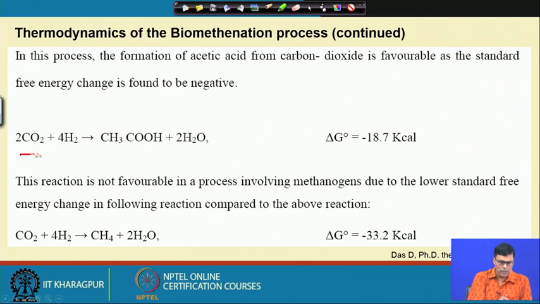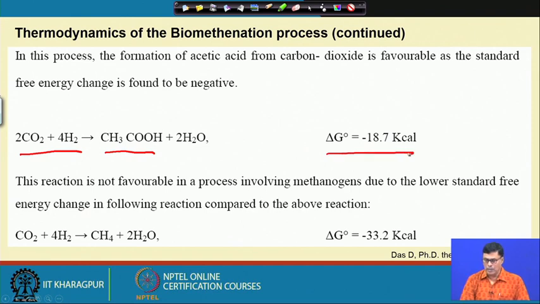Carbon dioxide and hydrogen form acetic acid, but the free energy change is minus 18.7 kilocalories. This is much less compared to the previous one, which indicates the previous reaction is more favorable than this reaction.